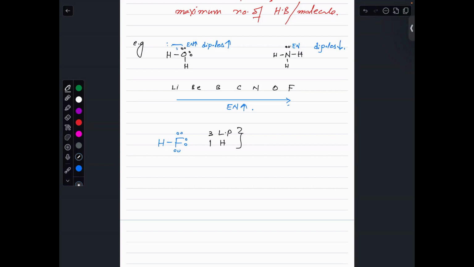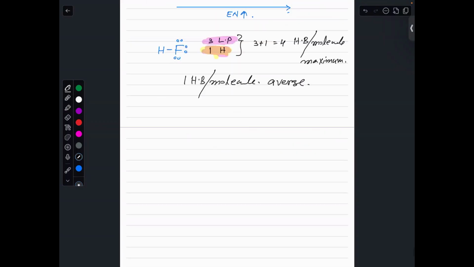So what is the sum? 3 plus 1, 4 hydrogen bonds per molecule is the maximum. Now, among the lone pairs and the hydrogen, which one is smaller? The hydrogen is smaller. So 1 hydrogen bond per molecule is the average.